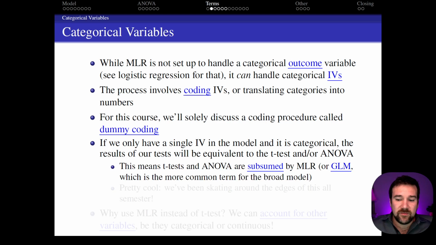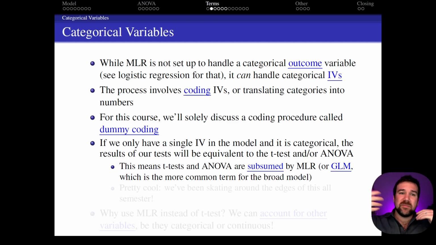ANOVA. And we've discussed this before, but this actually means that the t-test and ANOVA are subsumed by multiple linear regression. And I should be careful here. While that's kind of true, typically we use the term multiple linear regression when we're talking about multiple continuous independent variables with our continuous outcome.